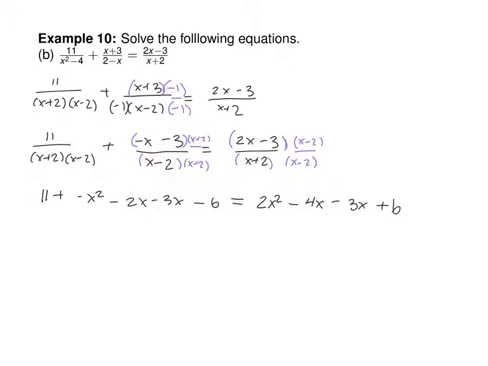And let's just combine like terms on either side. -x squared minus 5x, is that going to be plus 5? You guys agree with that? Equals 2x squared minus 7x plus 6.